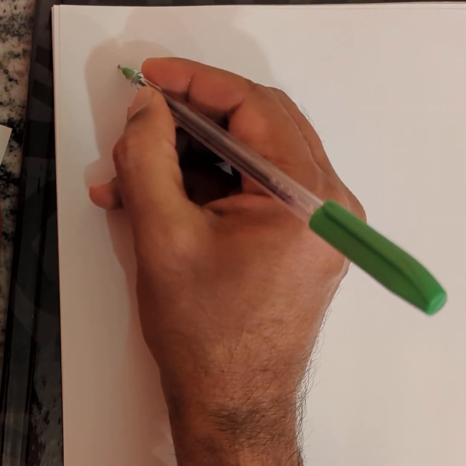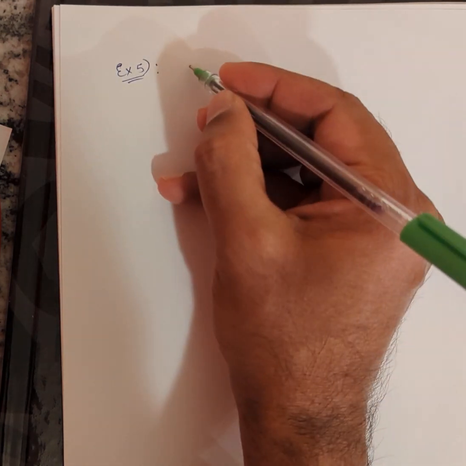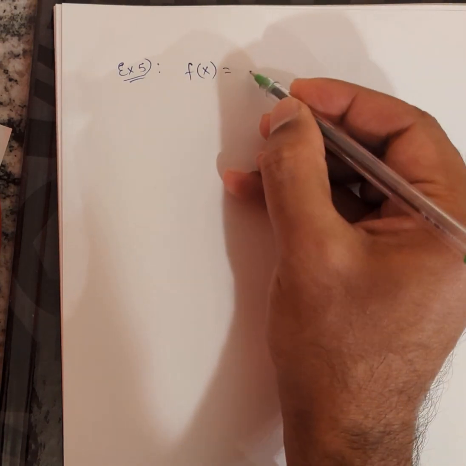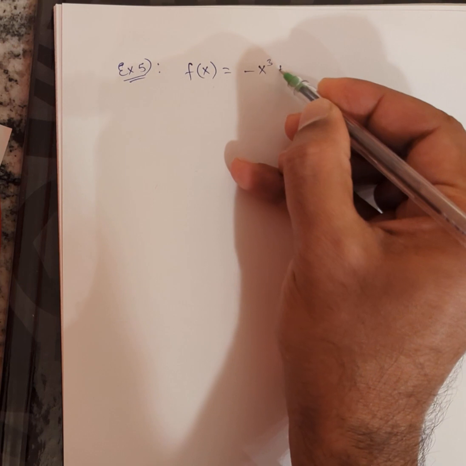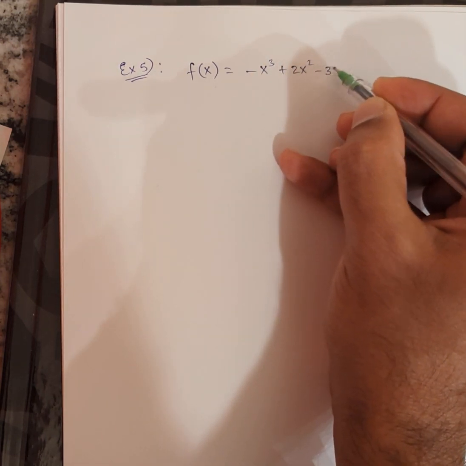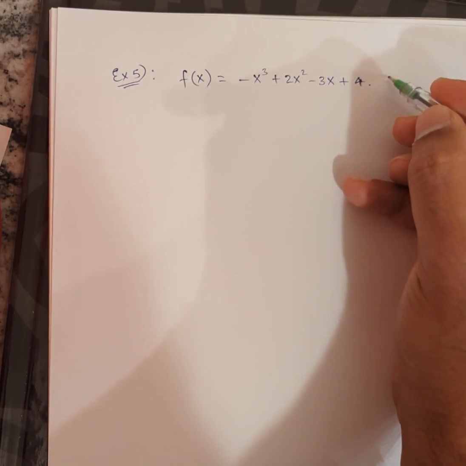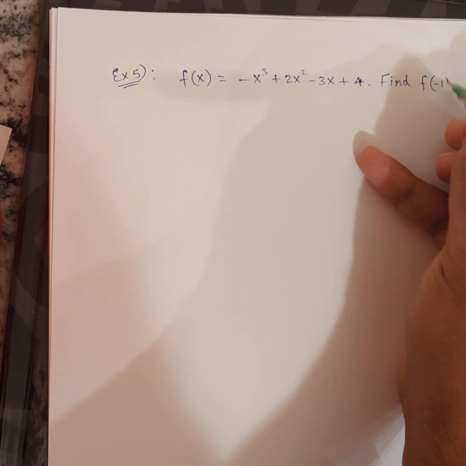Now let's work out one more example, example 5, and this time let's make it a little bit more complicated. f of x equals negative x cubed plus 2x squared minus 3x plus 4, and say find f of negative 1.